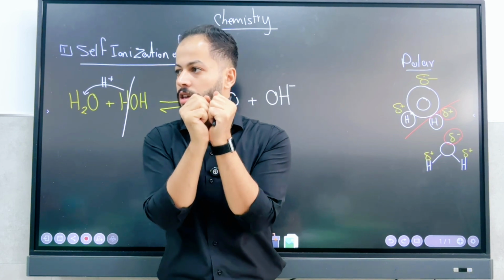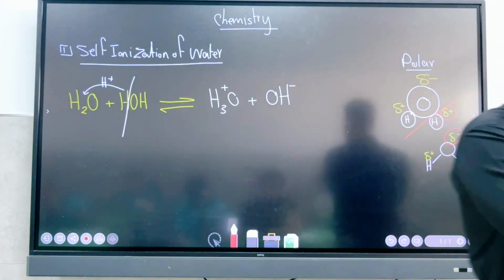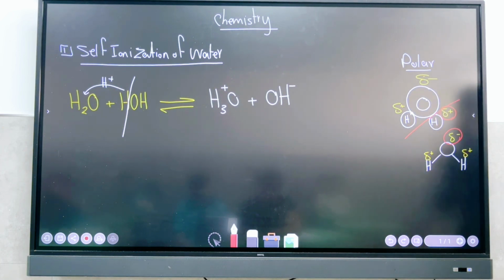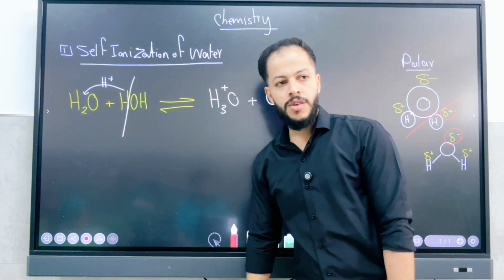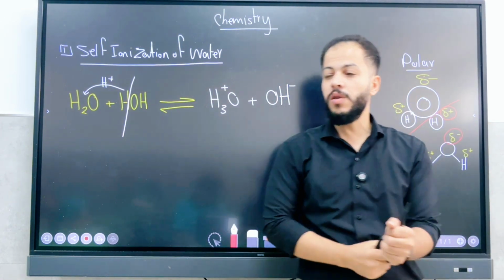Opposite charges attract each other, and similar charges repel each other. So the attraction forms a hydronium ion. Okay? So the main idea is called self-ionization of water.